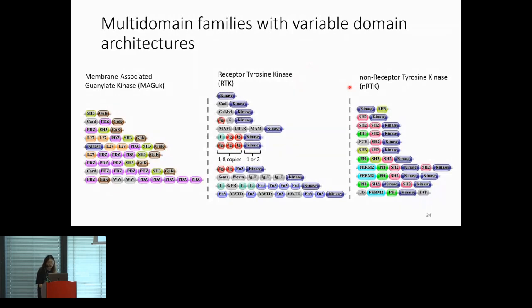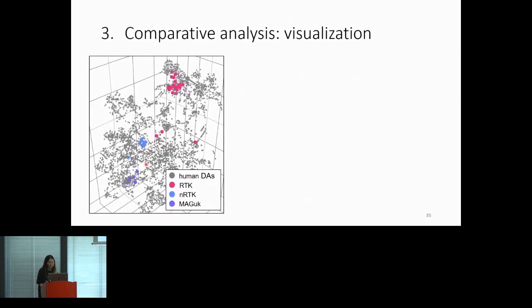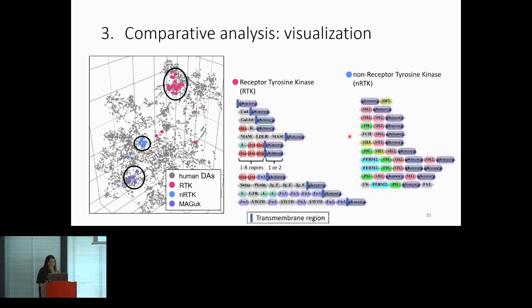I have highlighted the MAP kinases in purple, the non-receptor tyrosine kinases in blue, and the receptor tyrosine kinases in pink. The first thing you notice is that these three families, with a few exceptions, form well-defined clusters within the embedding. To understand the relationships more, we can take a look at their domain architectures.